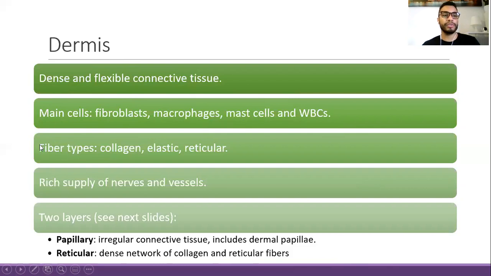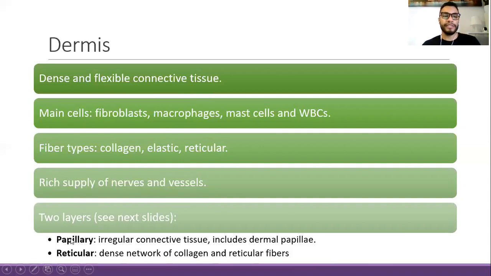The predominant fiber types in the dermis are collagen, elastic fibers, and reticular fibers. It has a rich supply of nerves and vessels. And the dermis has 2 layers.